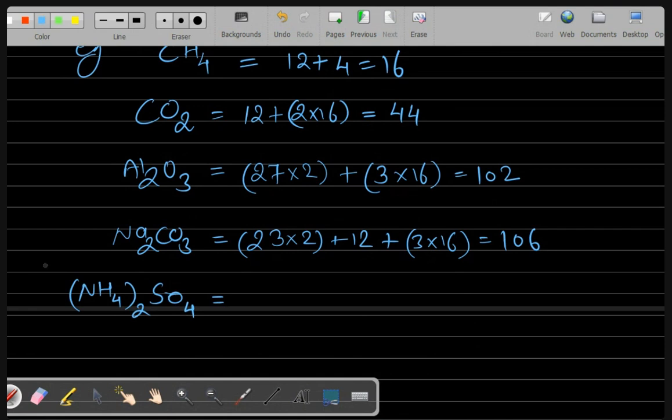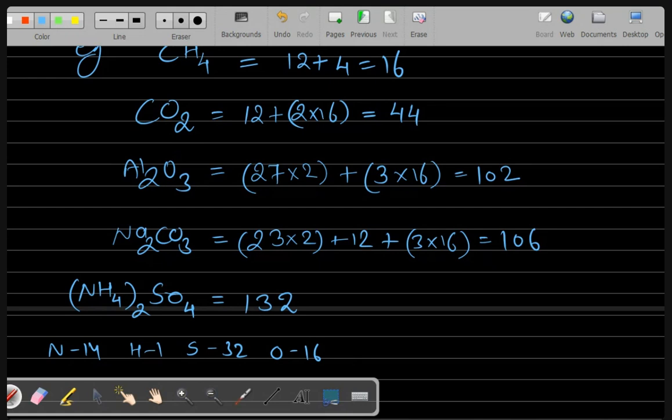Nitrogen is 14, hydrogen is always 1, sulfur is 32, and oxygen is 16. Is it 132? 132, correct.